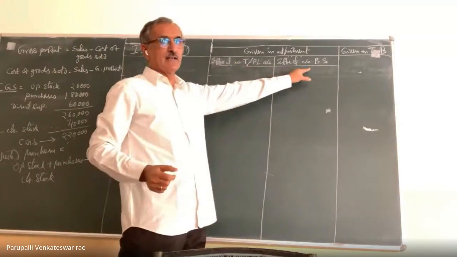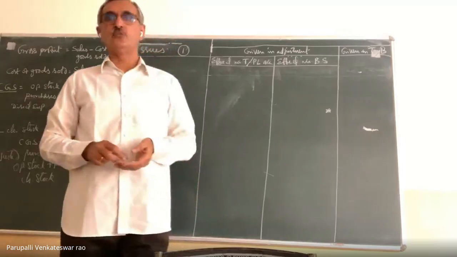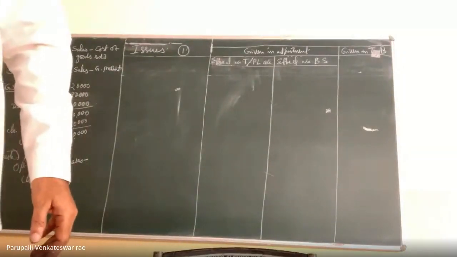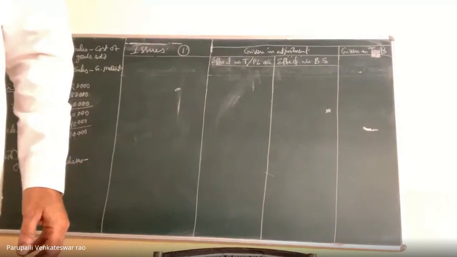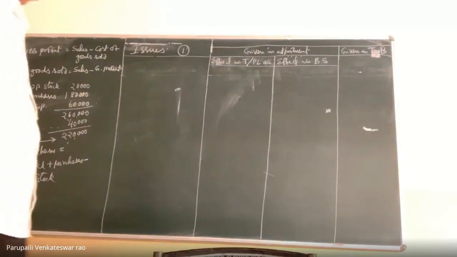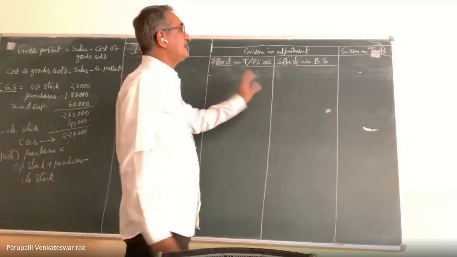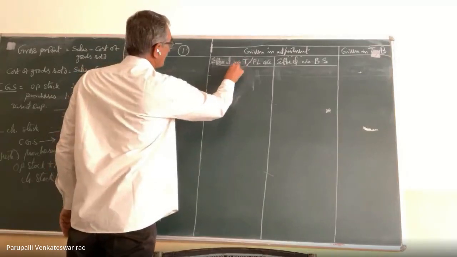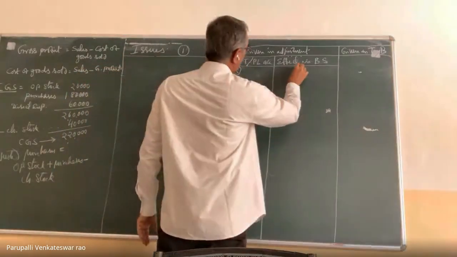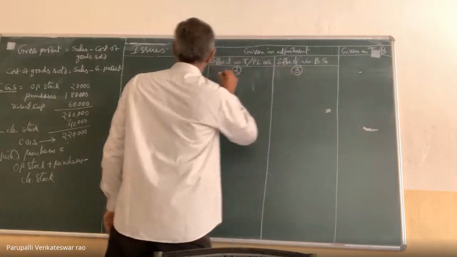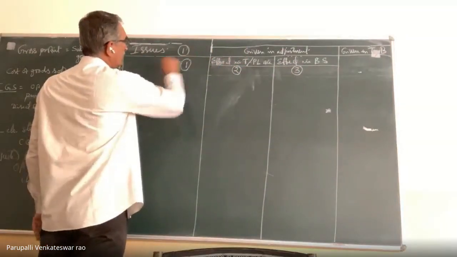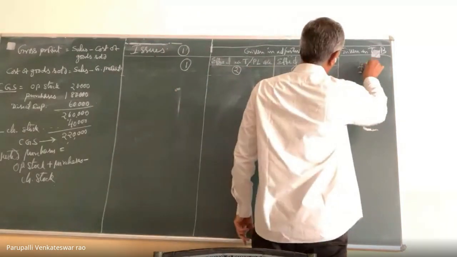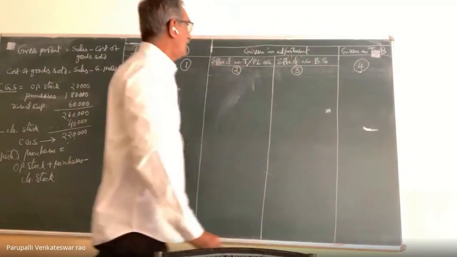Effect in balance sheet, because every adjustment will affect two accounts. One is debit account, the other is credit account. Right? This is the format. Number the columns: 1, 2, 3, 4.